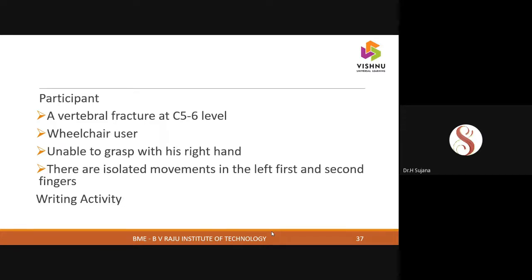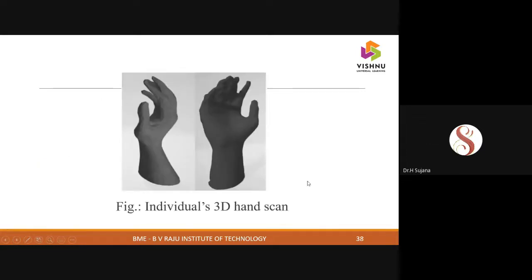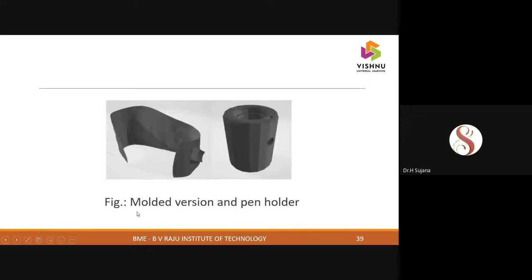But this guy works in an office, so most of his work depends on writing. So he wanted an assistive device for writing. For that, they took a 3D scan of the person's arm. This is how it looks. And they came up with a pen holder.